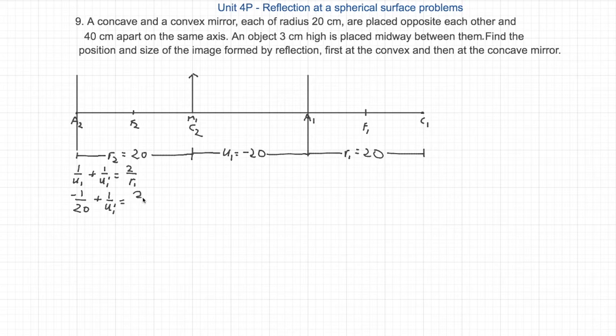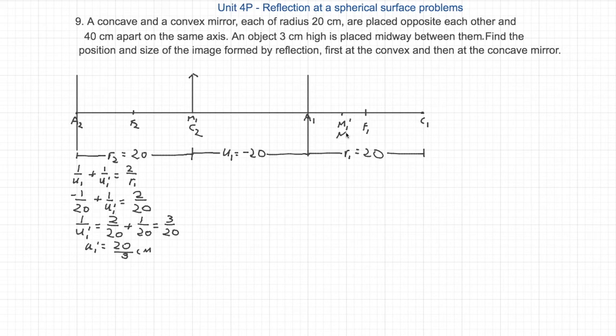We plug in. We put our variable U1 prime by itself on the left side. We find that U1 prime, the image at the first convex mirror, is 20/3 centimeters. So somewhere about there.